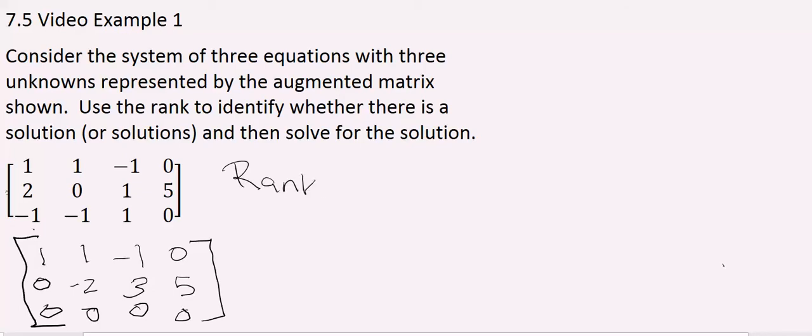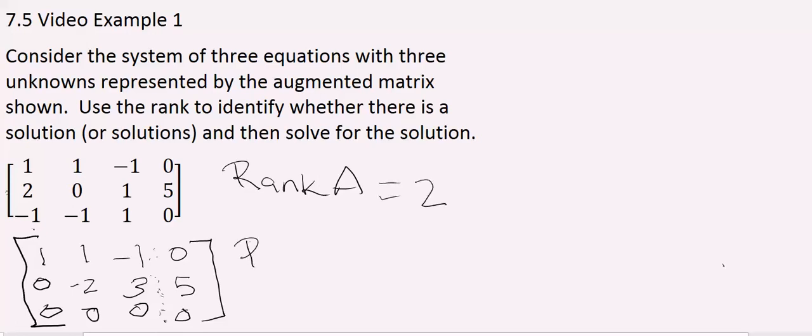the rank of A, if you just look at the left 3 by 3 in this augmented matrix, that's the division there. To the left of that, that 3 by 3 has two non-zero rows, so the rank of A is equal to 2.